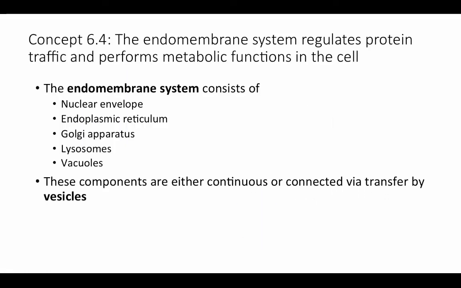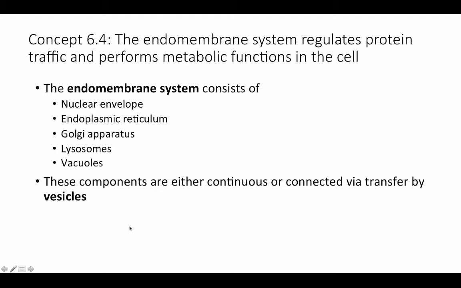So now let's take a look at how the endomembrane system works as a unit to regulate protein traffic and perform metabolic functions in the cell. So the endomembrane system consists of the nuclear envelope, that double membrane surrounding the nucleus, the endoplasmic reticulum, which we'll look at in more detail in a moment, the Golgi apparatus, lysosomes, and vacuoles.